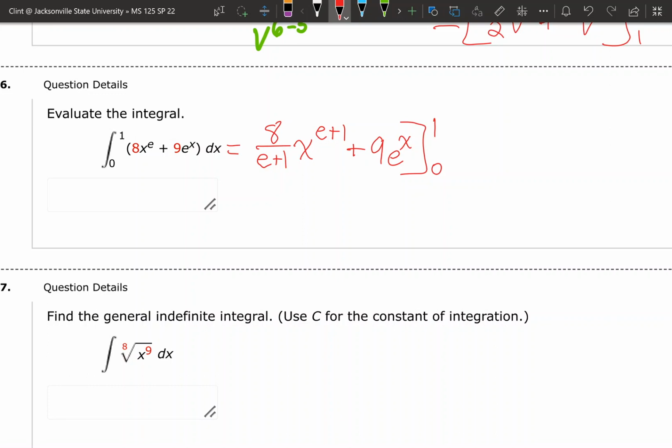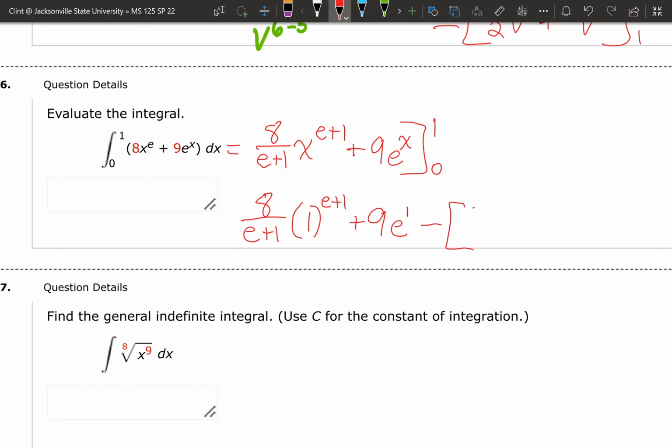So remember, e is just a number. So it's not that bad. So here, let's see what we get. If we plug in 1, we get 8 over e plus 1 times 1 to the e plus 1 plus 9 times e to the 1, minus.